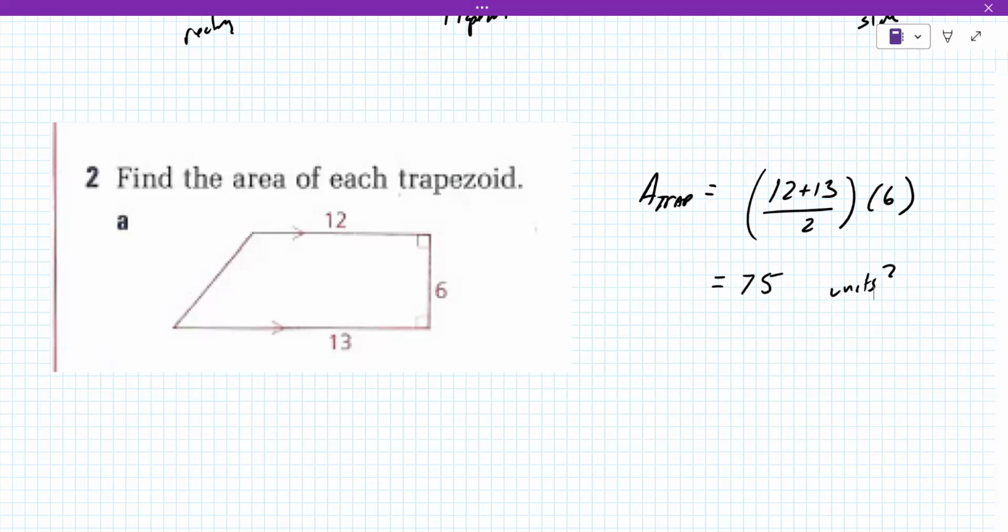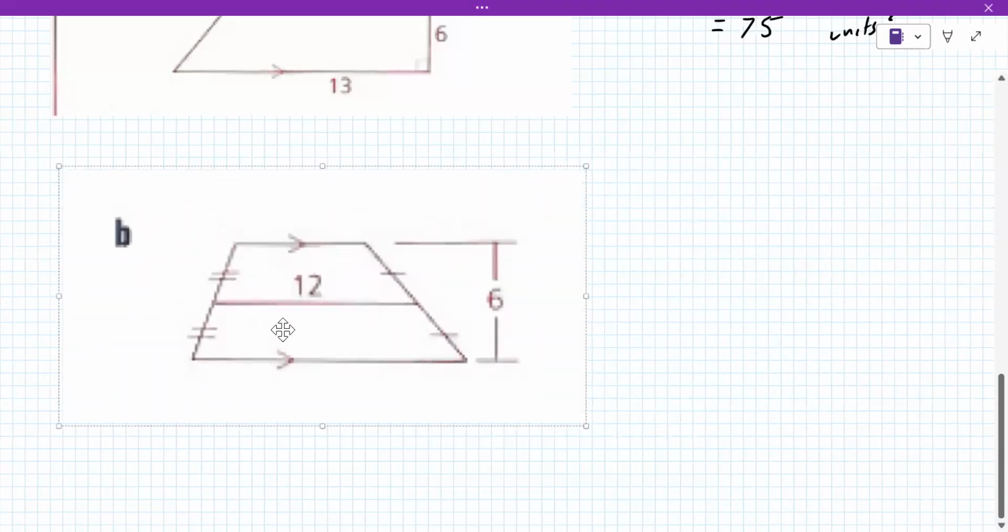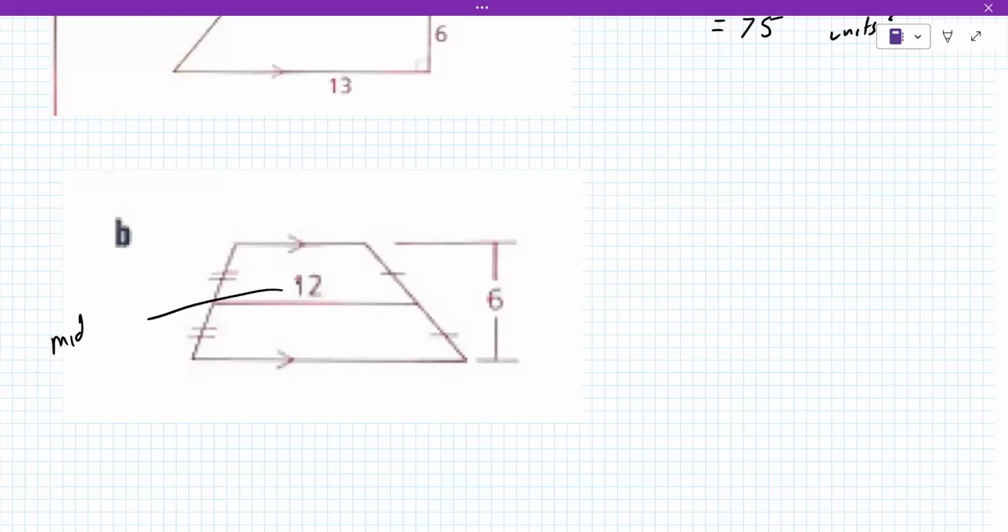Problem B. Normally they give you the base and the other base, but this time they're giving you what's called the mid length. I think it's mid segment or mid length. I don't know. You remember from class what they called this? I think mid length.